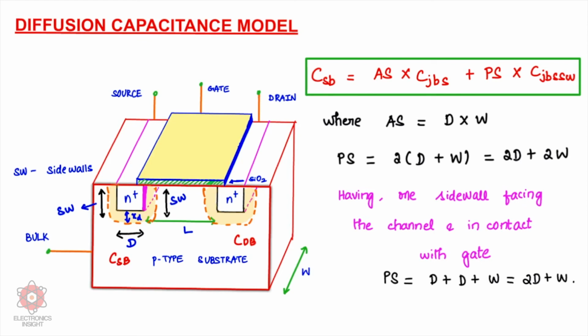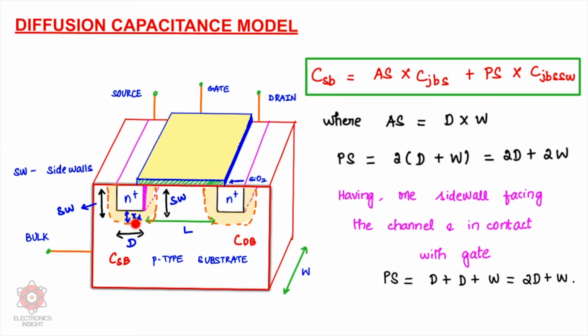The source to bulk capacitance is given here, where AS denotes the area that the source occupies, and CJBS is the junction capacitance between the bulk and the bottom of the source. Here you have a rectangle, or a square you can even consider. We have a certain area for this square, which means the source region, and we have 4 sides with which we can calculate the perimeter also.